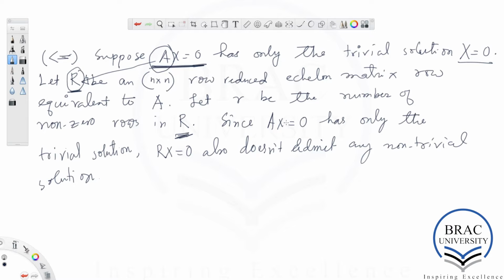Because you obtain the row reduced echelon matrix R from the n times n matrix A by elementary row operations, the system Ax equal to 0 and the system Rx equal to 0 must have the same solutions, right?